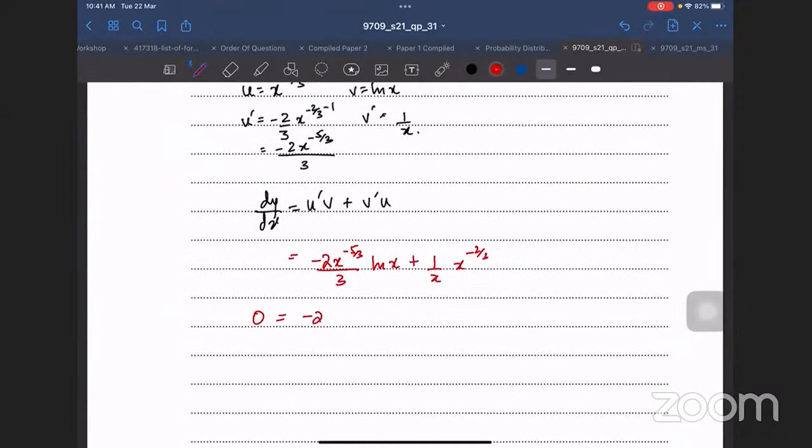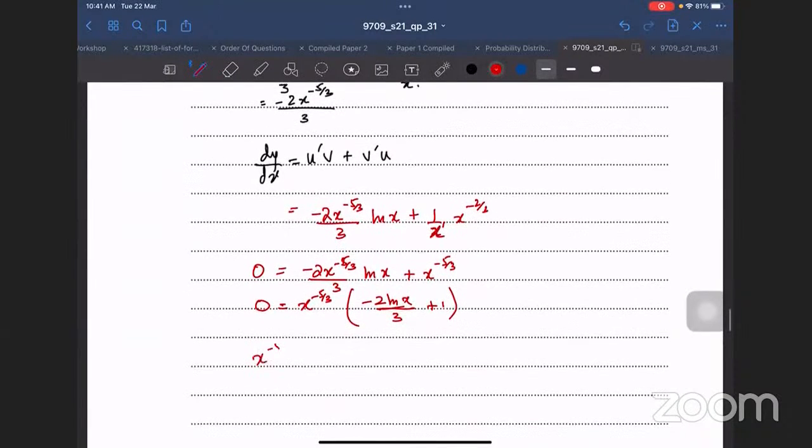And what I notice is that when I subtract the powers at the bottom, this becomes minus 5 over 3. So I can actually factor out minus 5 over 3. This gives me minus 2 ln x over 3 plus 1 equals 0.